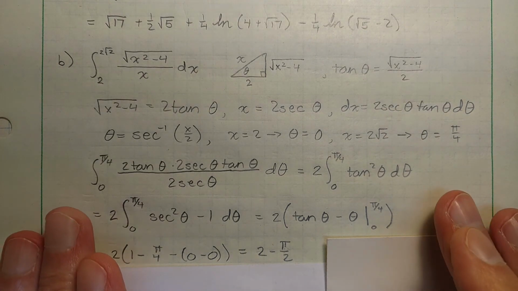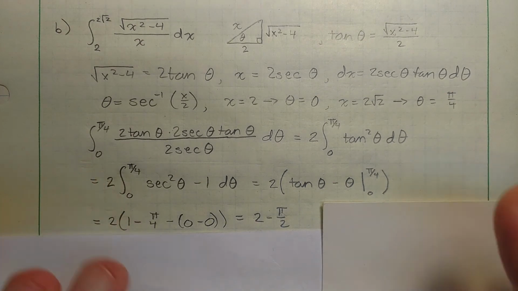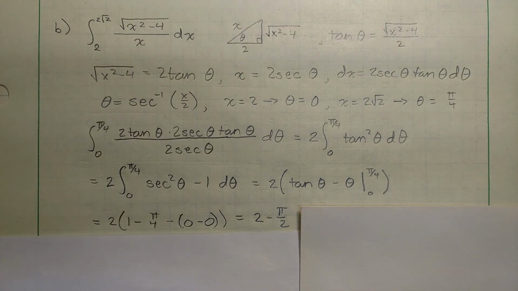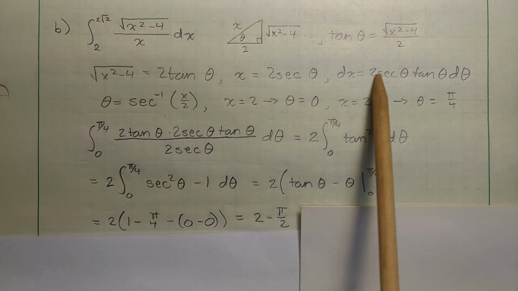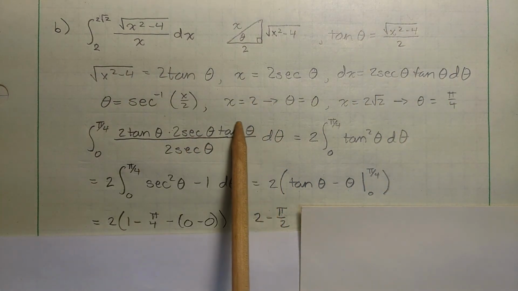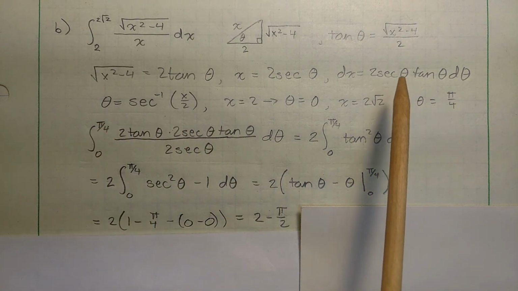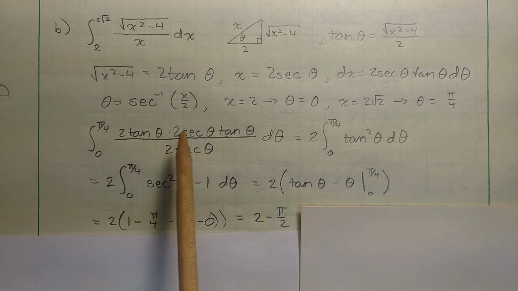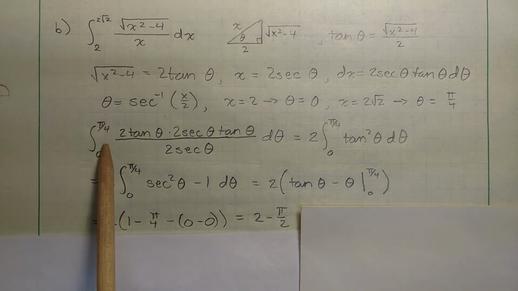Now let's show you how we would have done it if we had not changed our limits of integration. So what we would have done, going right back to here when we did this, is I would have done this substitution here, and I would have left these blank. I wouldn't have put equals between it, saying that this was equal to the original one here, because it's not equal without these limits of integration.